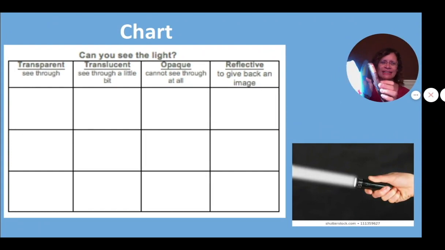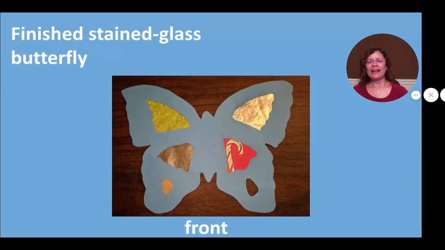If I shine the light on it, what happens to it? Does it reflect and give back an image? It looks like it does. So I could mark aluminum foil in this column as well. Finish testing all of the materials in your stained glass butterfly.